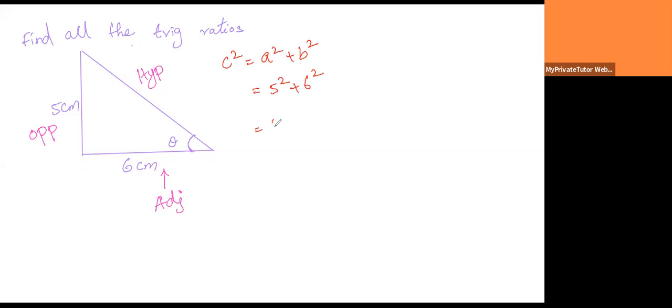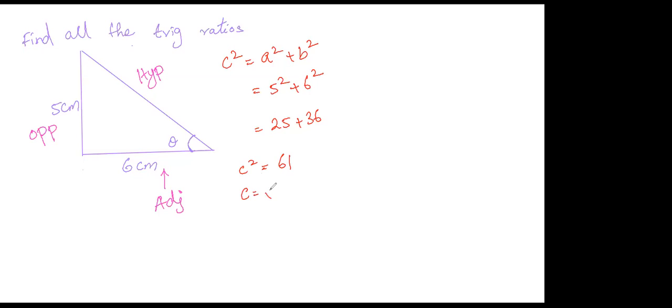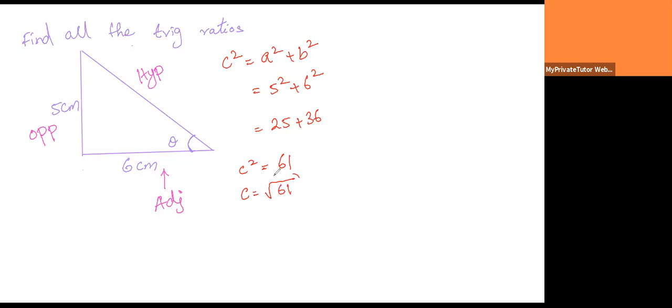Please add these two. We get 61, right? So the c value is square root of 61. We might end up with a decimal answer, so let's keep square root 61 as the c value.